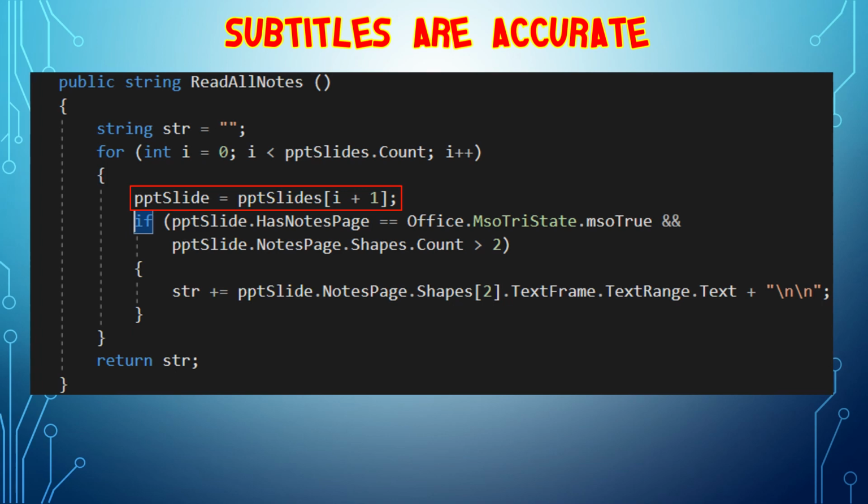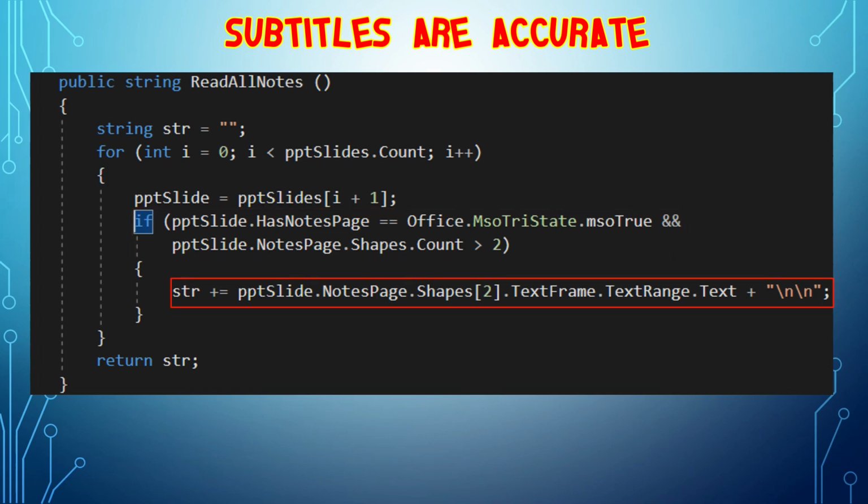Remember, slides are one indexed, so we add 1. Now we check if the slide has a notes page and if it is in the right format. If it does, we add the text there to the string. Finally, we return this.